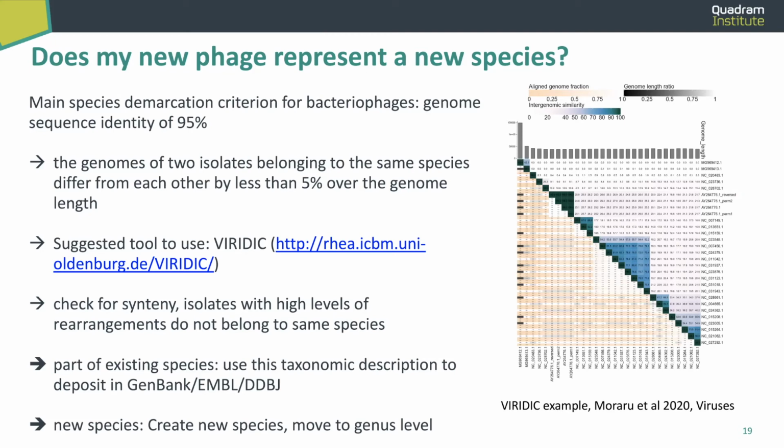One of the important things is to check for synteny of the phage genomes, and I will show you why. It's this one here. You can see that on the top right-hand side of our VIRIDIC plot, where each genome is compared two by two, they all share 100% identity.